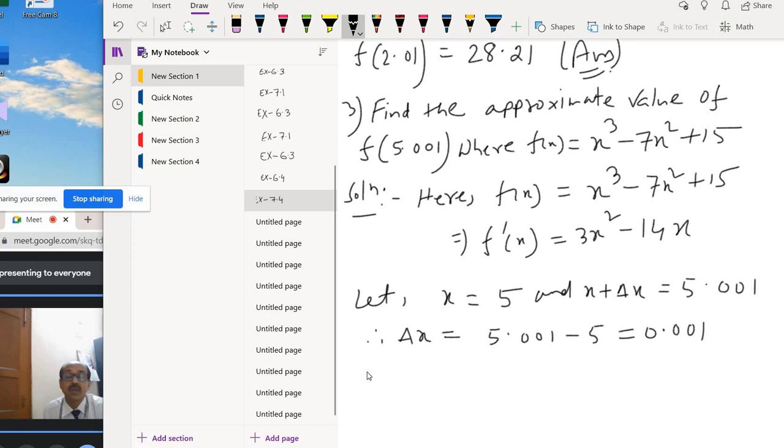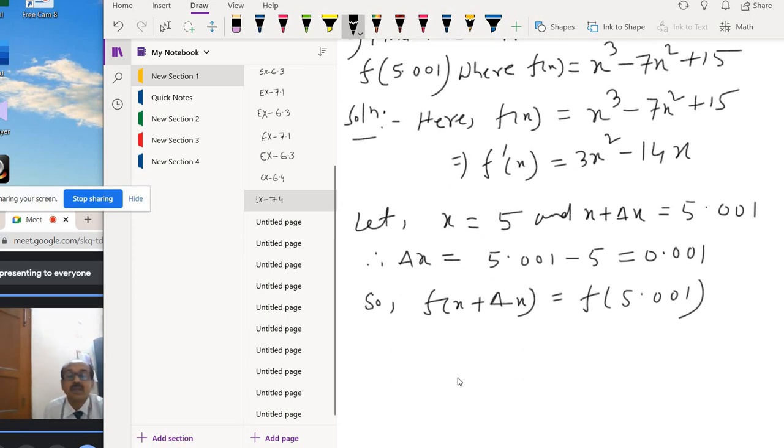Okay, so f of x plus delta x is f of 5.001. Now delta y equals f of x plus delta x minus f of x.